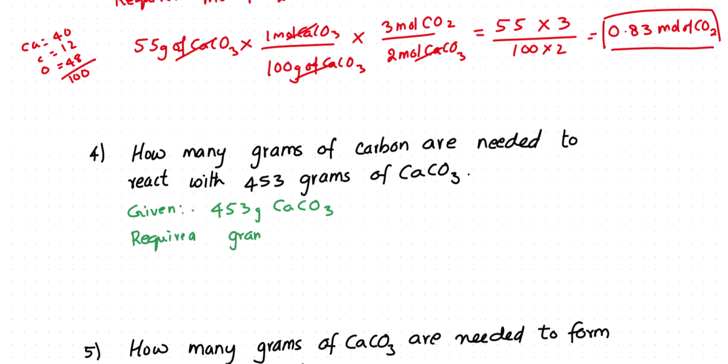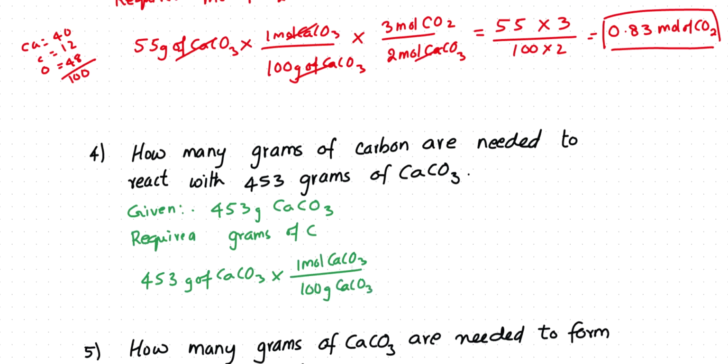So first we write the given amount, that is 453 grams of CaCO3. So always we convert into moles. This is grams given, so convert into moles times 1 mole calcium carbonate equals 100 grams of CaCO3. So we converted into moles now. Now times mole ratio.